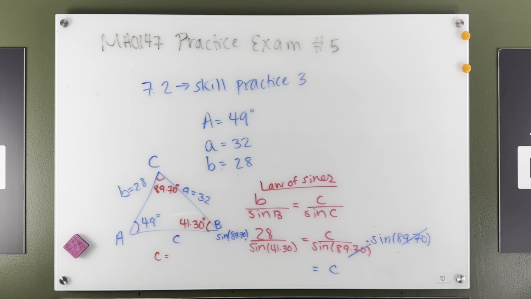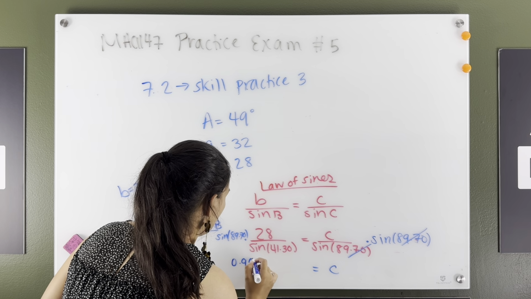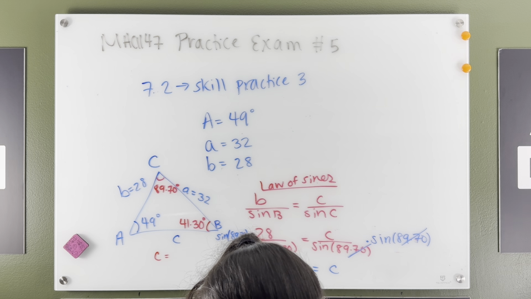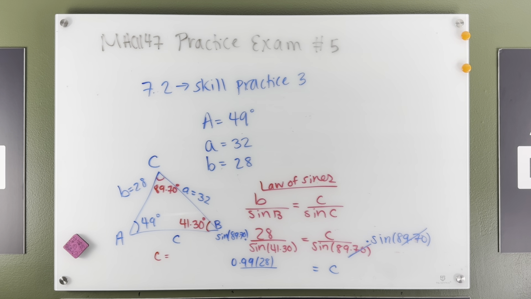So sine of 89.70. Okay, we're leaving it as radians. We got 0.99. And then sine of 41.30, negative 0.44.